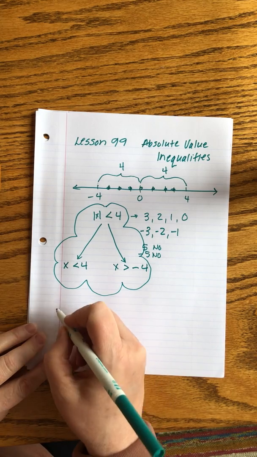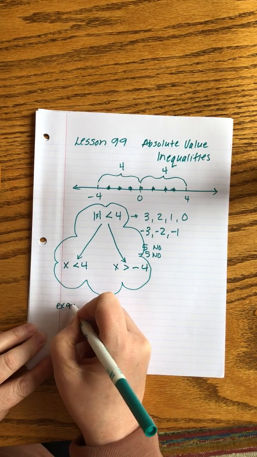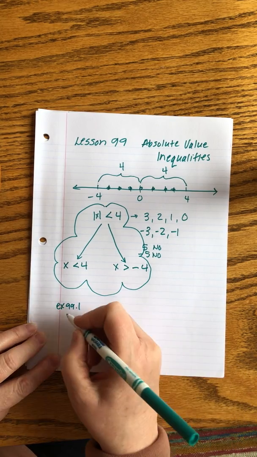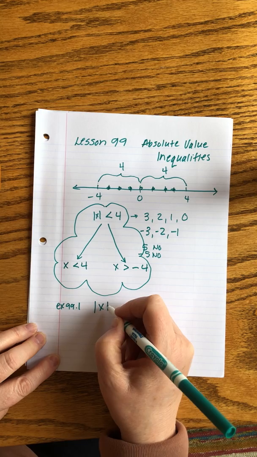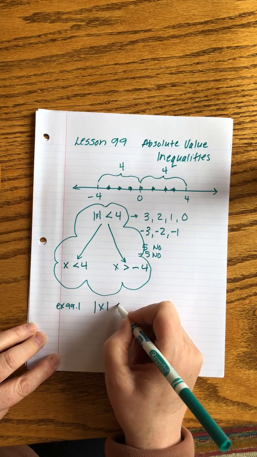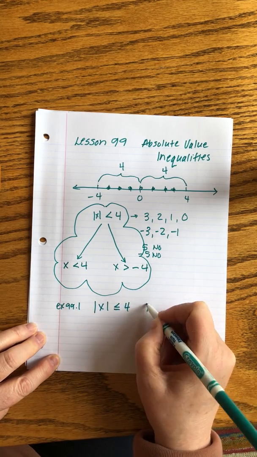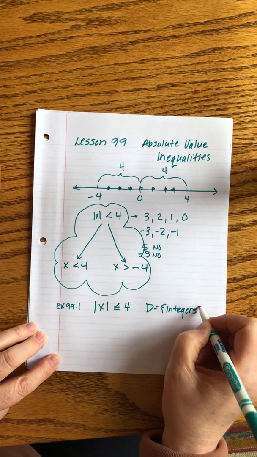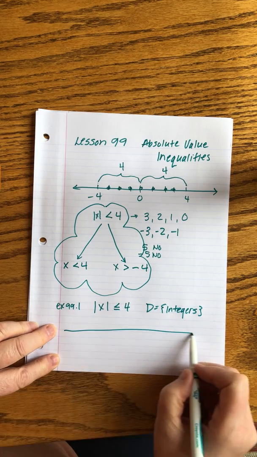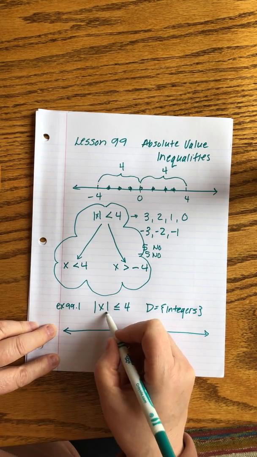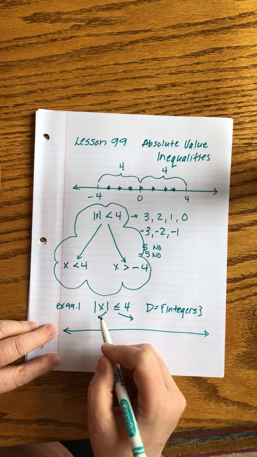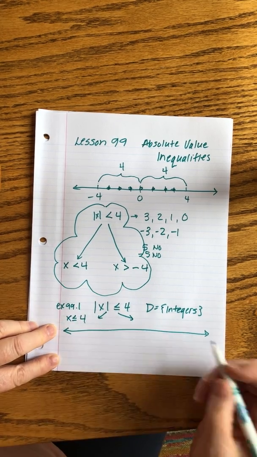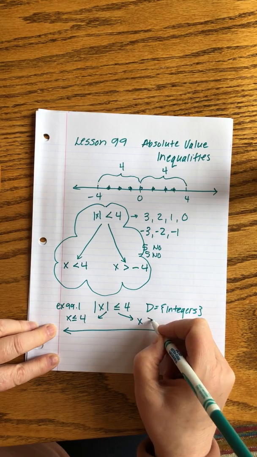So let's do example 99.1. Graph absolute value of x is less than or equal to 4, domain equals the integers. Okay, this is almost exactly like the example I chose. We draw the number line, we split this apart, we copy it first just taking off the absolute value signs, and then we do it again, flipping the sign.